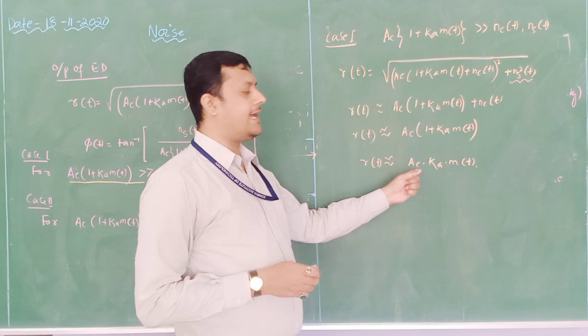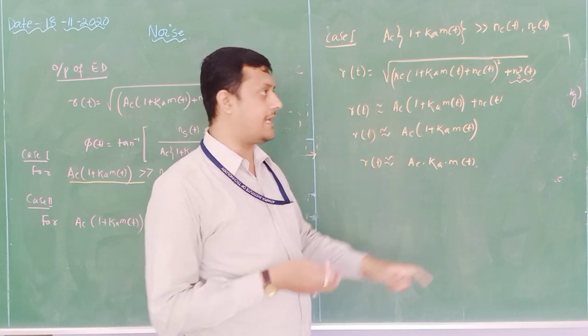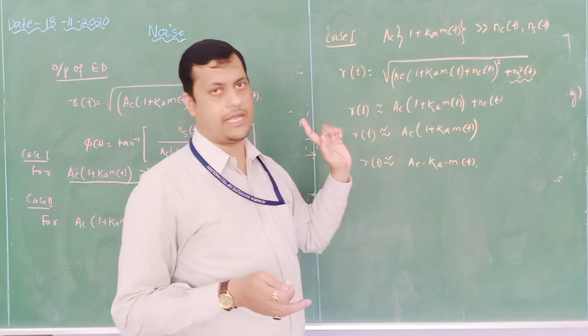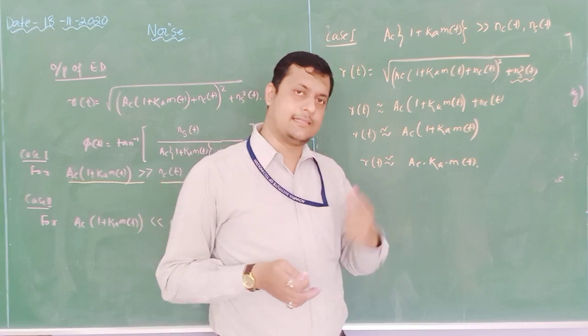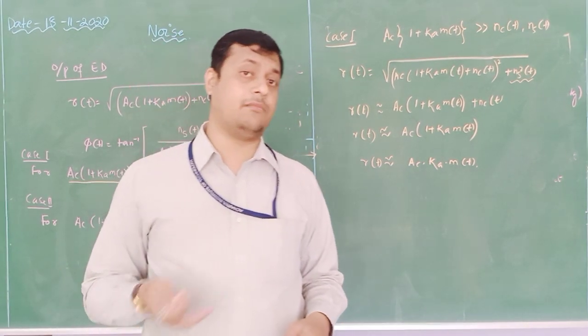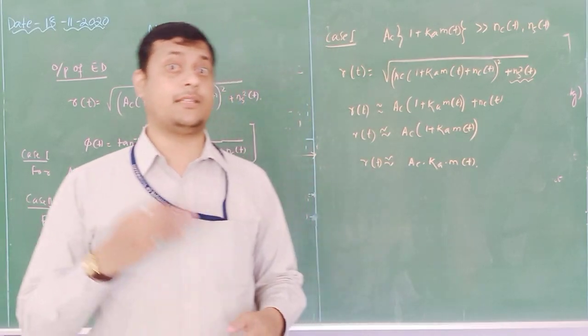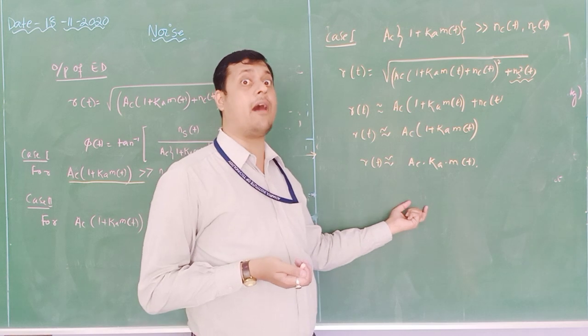So K is nothing but 1 by AC. AC will be cancelled out, only the modulating signal is available. So that means we can easily extract the modulating signal. And this is quite similar to your DSB AM system with synchronous detection, but in synchronous detection what happens? Here we are getting half.